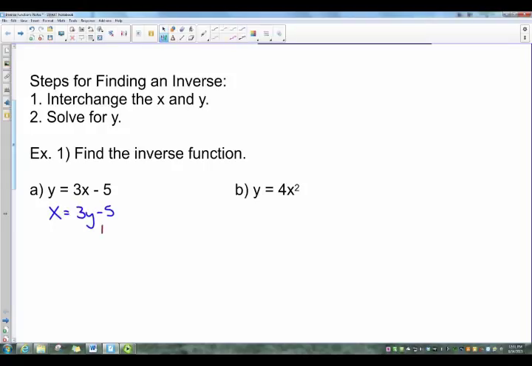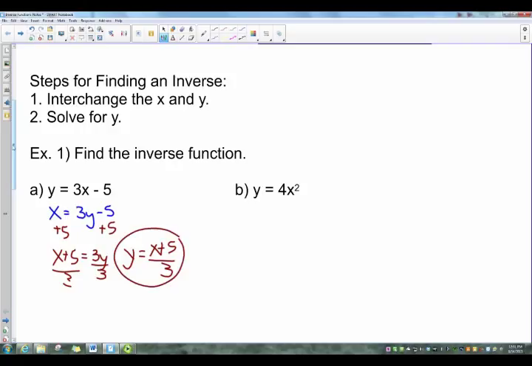I add 5 to both sides, so x plus 5 equals 3y. Then I divide by 3, and that gives me y equals (x plus 5) over 3. That is my inverse function. If I substituted an x and y into the first problem, and reversed them and substituted into the second problem, those numbers should work.